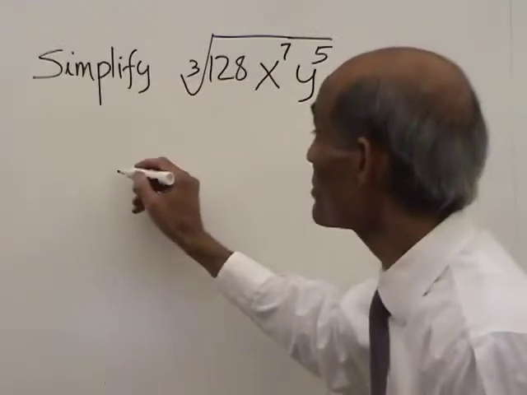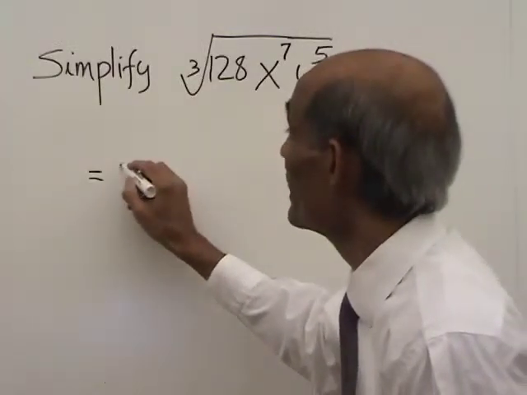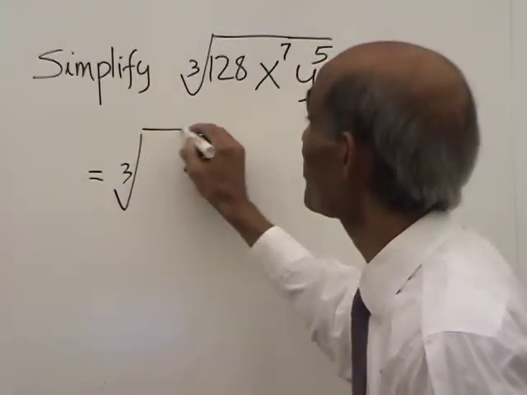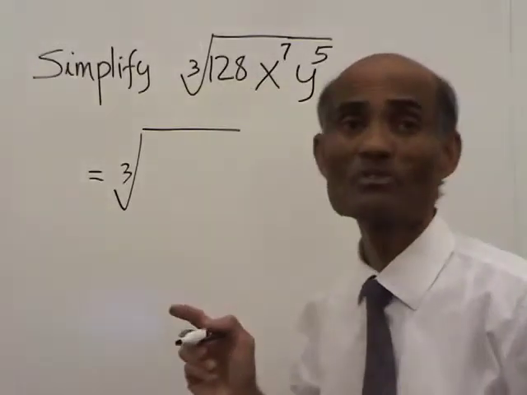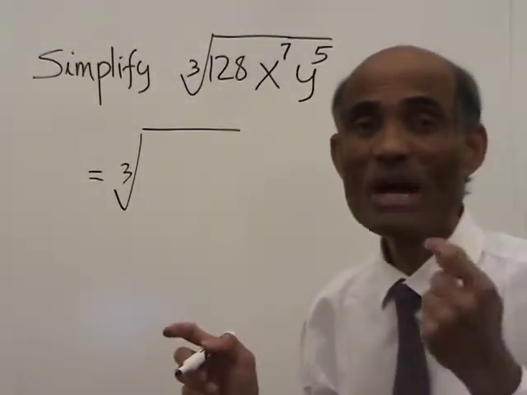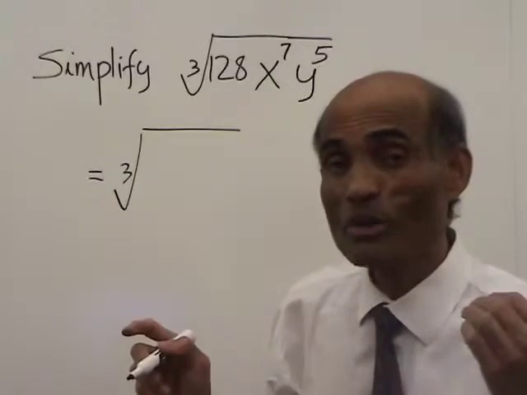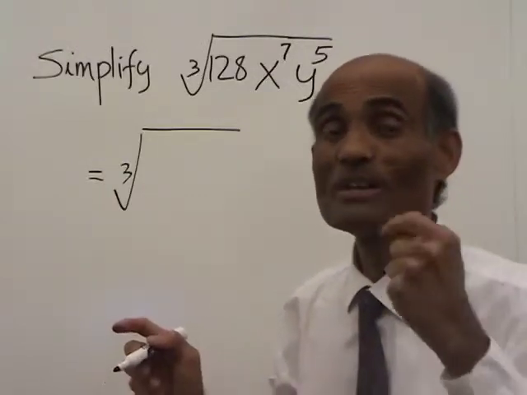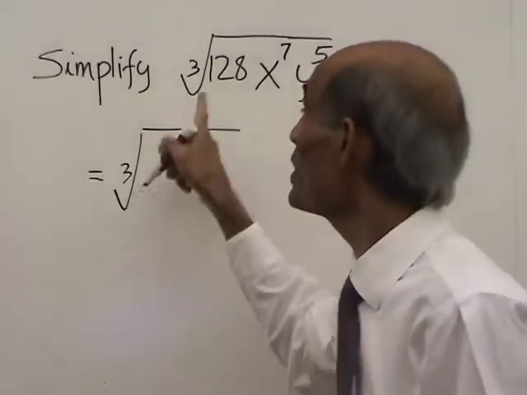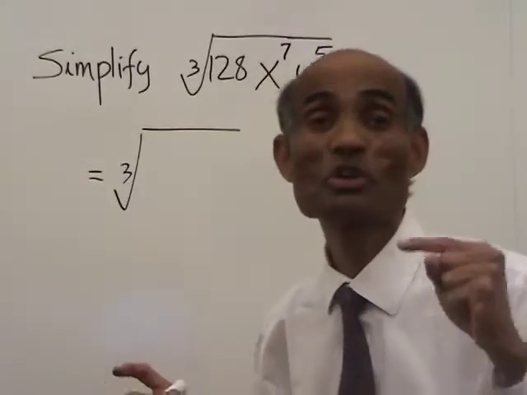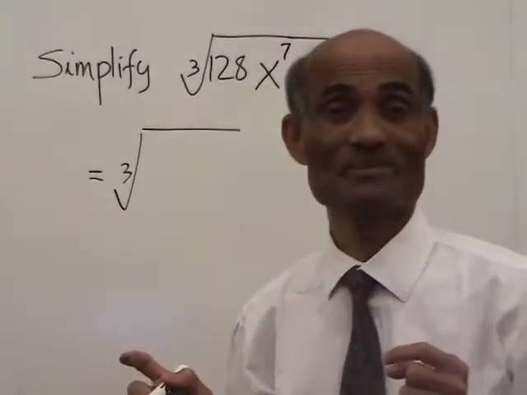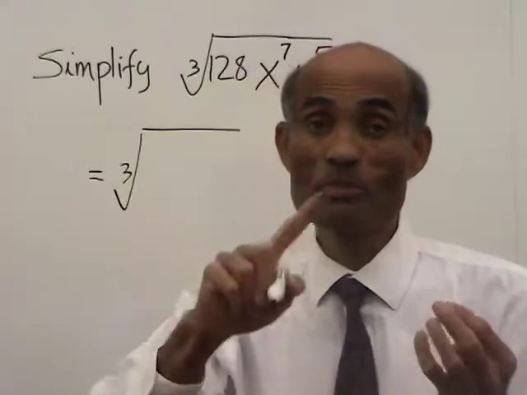Alright, 128. So let's say that will be cube root of, tell me, 128. Can you write it as a product of the perfect cube times something else? What is the highest perfect cube in 128?